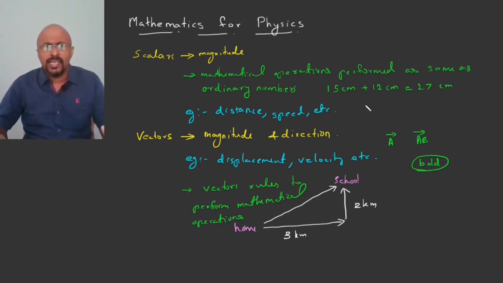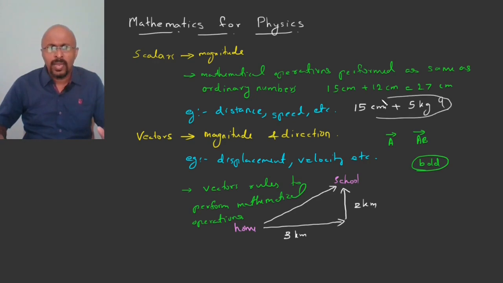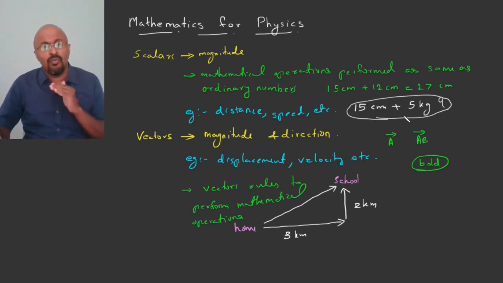Is there any meaning if I write 15 centimeter plus 5 kilogram? It looks meaningless. So, we can add or subtract values representing the same physical quantities, not two different physical quantities.